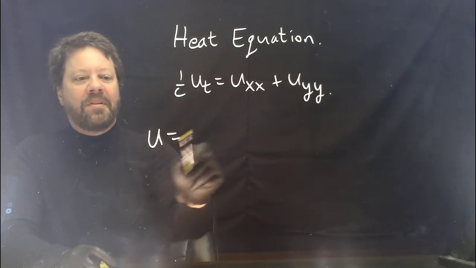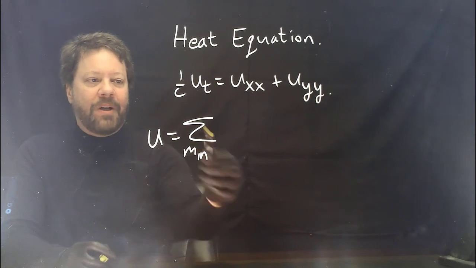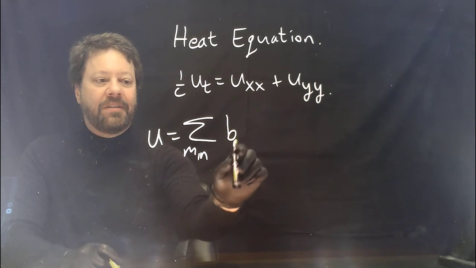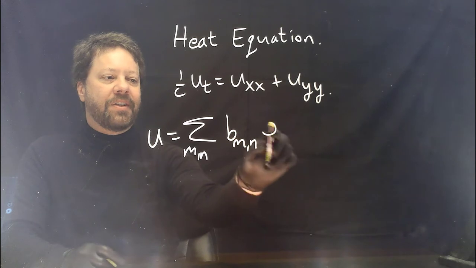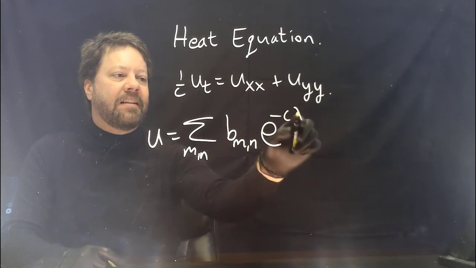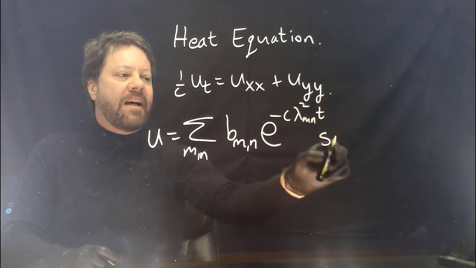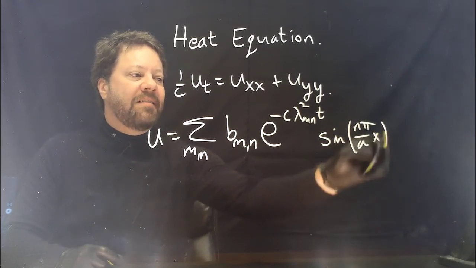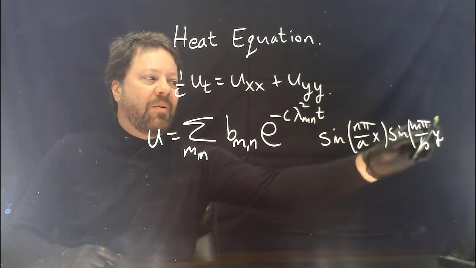You'll have u be the sum on m and n again as we go from 1 to infinity. In this case, you only get one initial condition. Bmn will be the coefficients that you get as a consequence, times e to the minus c lambda mn squared t times the sine of n pi over a x, the sine of m pi over b y.